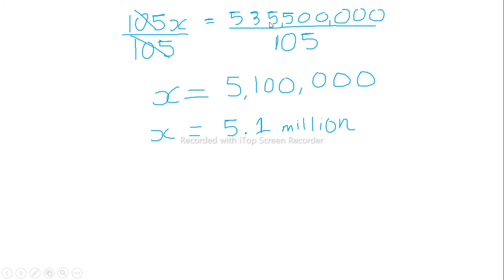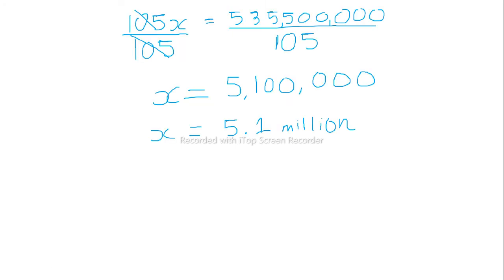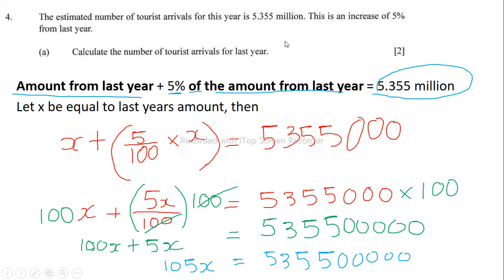Can you go back to the first slide quickly, please? All we had to do is divide 5,355 by 105. That's basically all we did. So how could we know it's supposed to be 105 though? Oh, 100 plus 5.